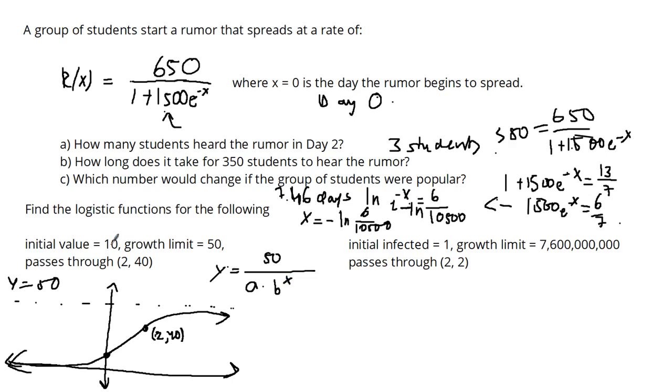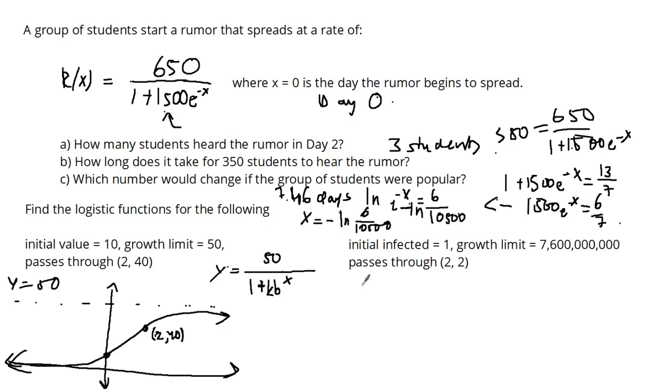Basically, our initial value is 10. This actually, no, there's no a right here. It's just 1 times k b to the x. And then this, 1 plus. I'm really sorry. I lost all my brain cells over this question.